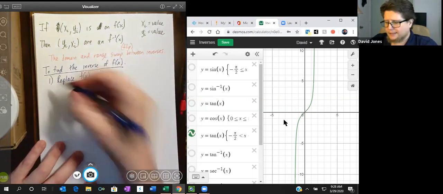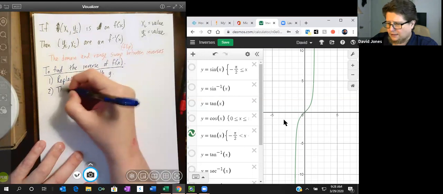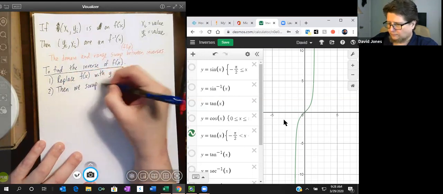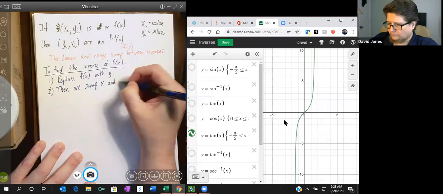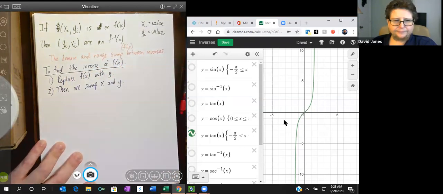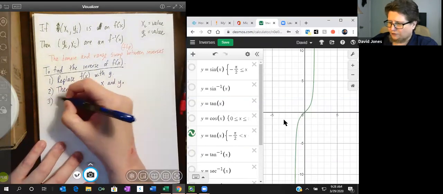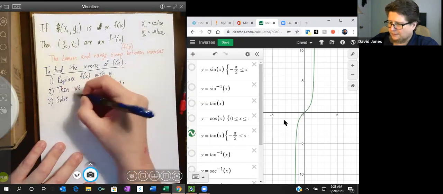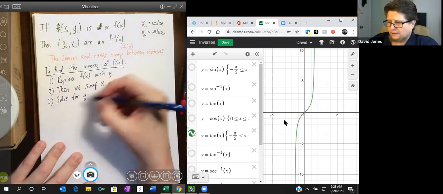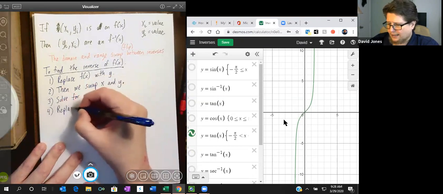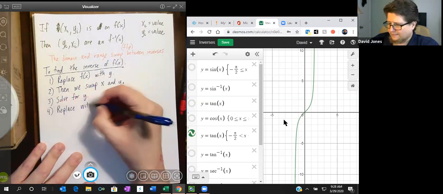Then we swap x and y. Once you've done that, solve for y. And finally, replace y with f inverse of x.